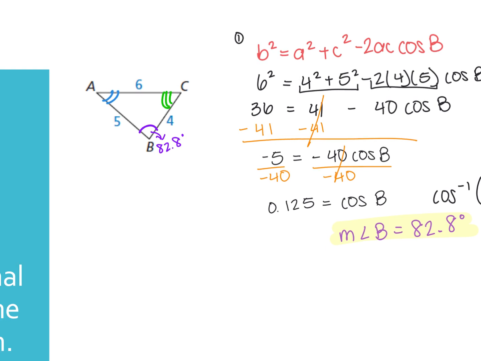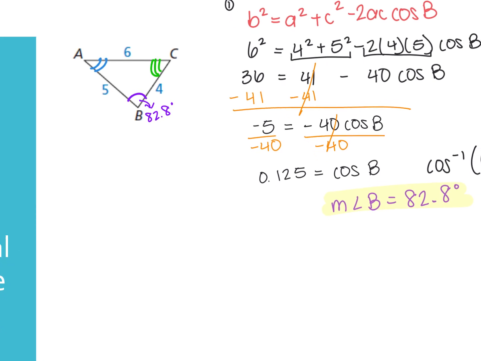I'm solving for my angle, so I want my angles on top. So I have sine 82.8 over 6 equals, again, I'm solving for angle A, sine angle A over 4.